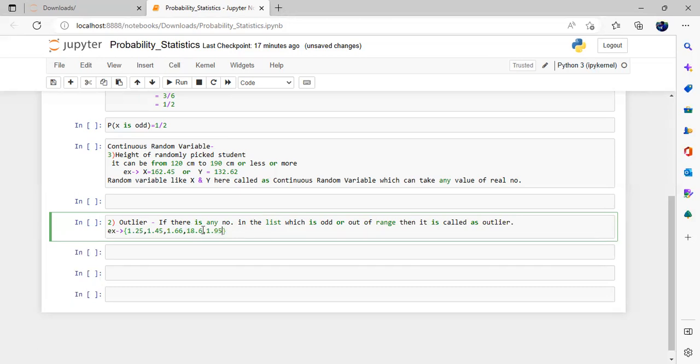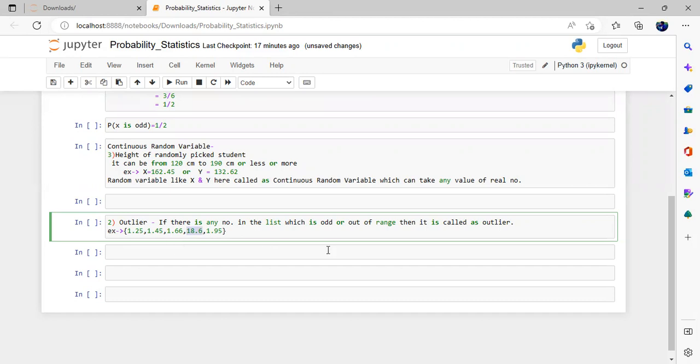So 18.6 is your outlier. There is no particular reason for an outlier. It may be a manual mistake of the decimal point. The person feeding the data, or the machine, might have mistakenly given the decimal after 8. So this is your out of range value, right?